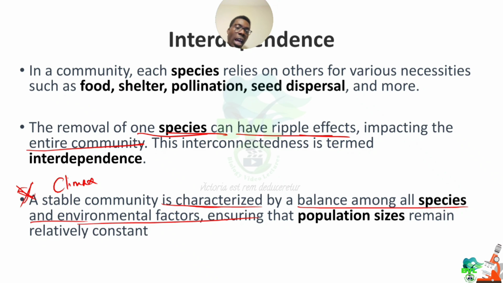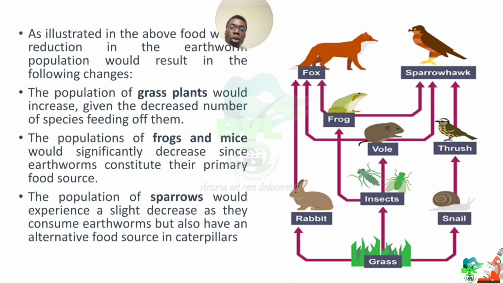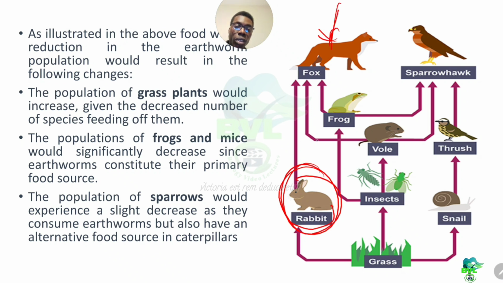Everyone is balanced. However, let me show you an example of how these organisms affect each other. Now you can see the grass, the rabbit is fed on by the fox. The fox normally eats the rabbit. So if the rabbit population decreases, that might end up affecting the fox with time, even though it can feed on other things, like the sparrow, and maybe the frog.